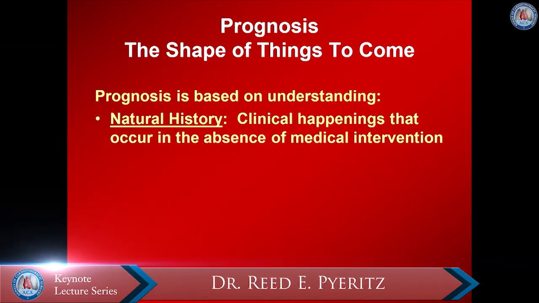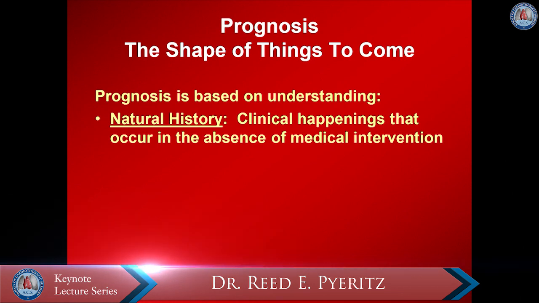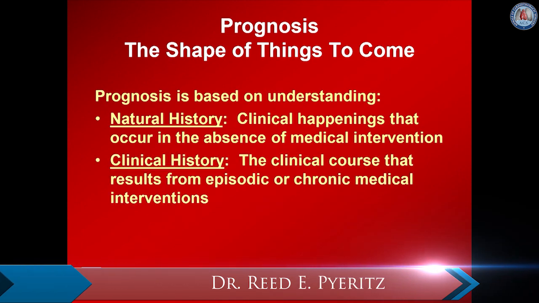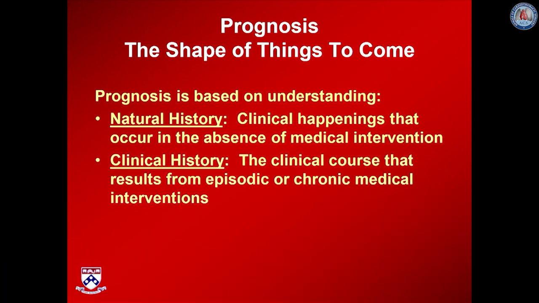Well, the prognosis is based on our understanding of natural history, which is what occurs in the absence of medical or surgical intervention, and clinical history, which is what occurs when medical and surgical therapy are applied to patients.